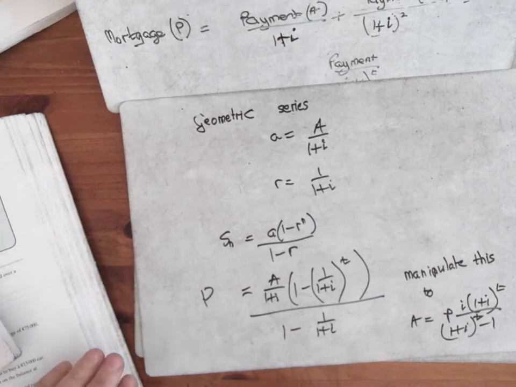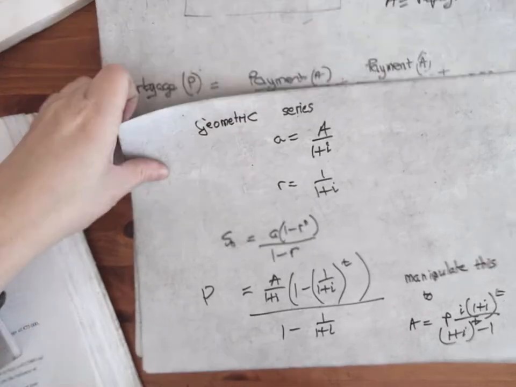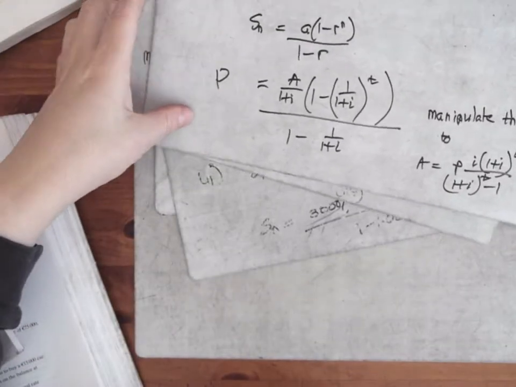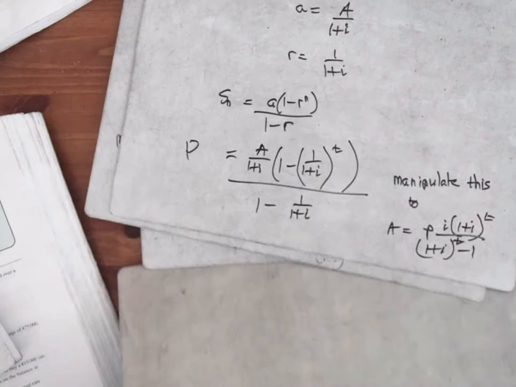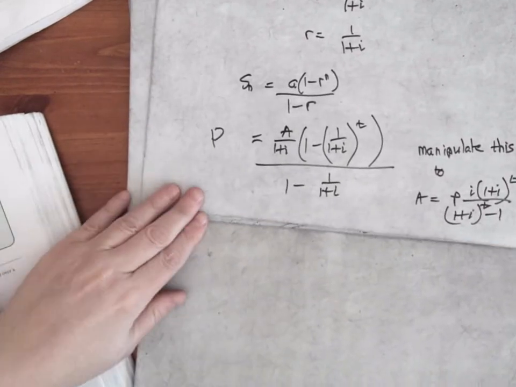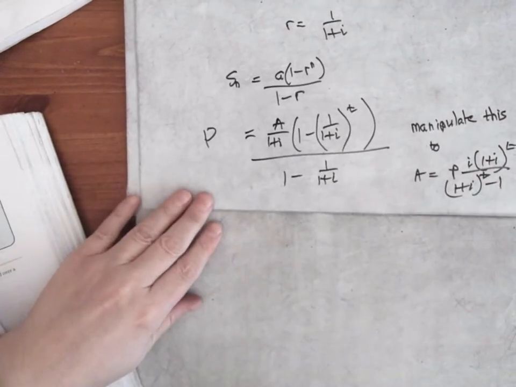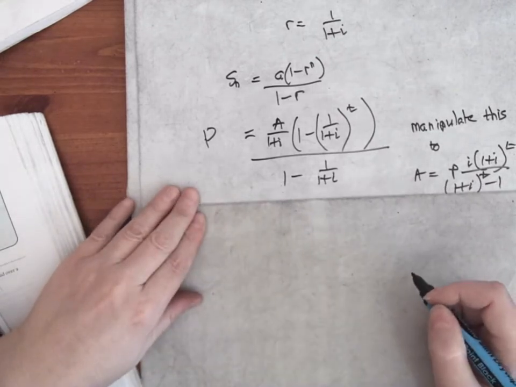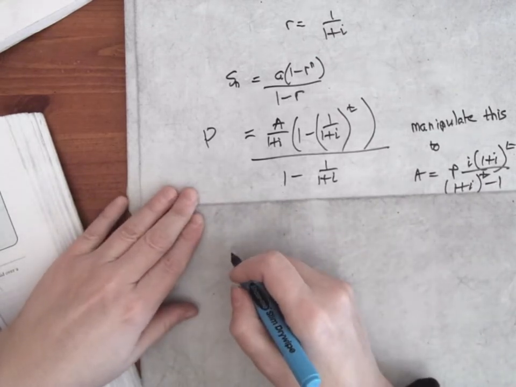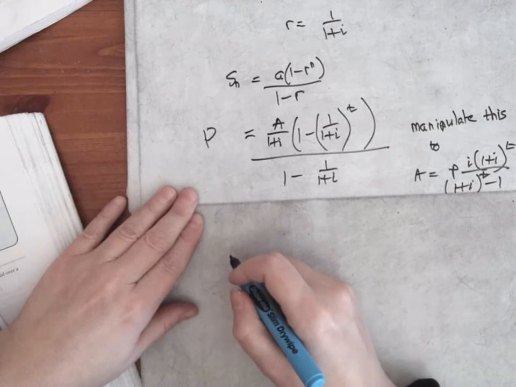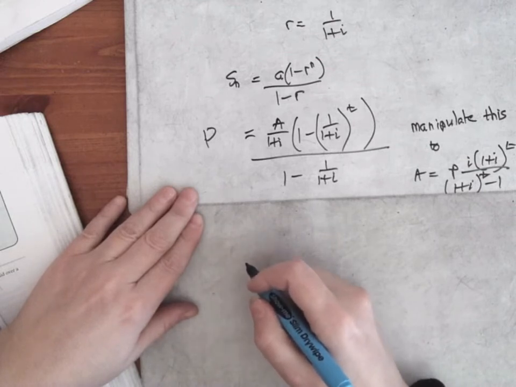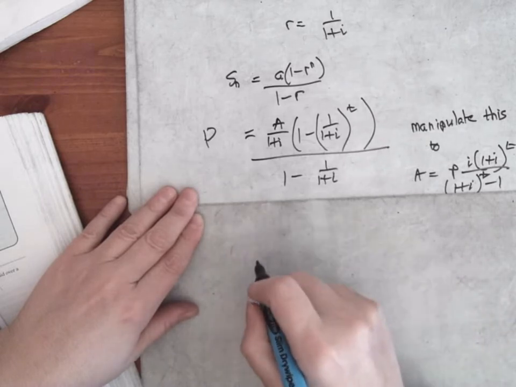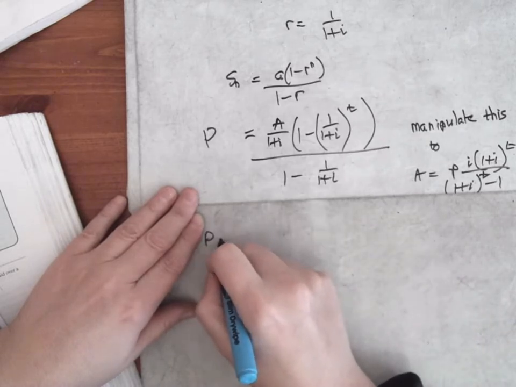Okay, I need more board now. So what we do is I'm going to get a common denominator underneath the line first.